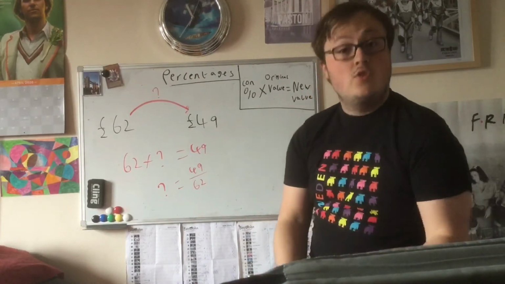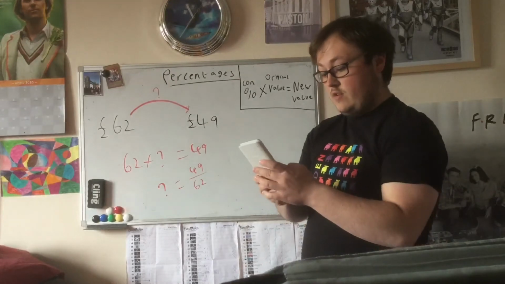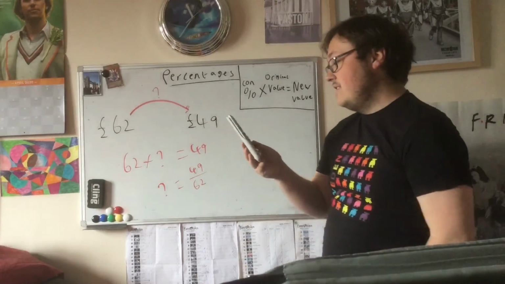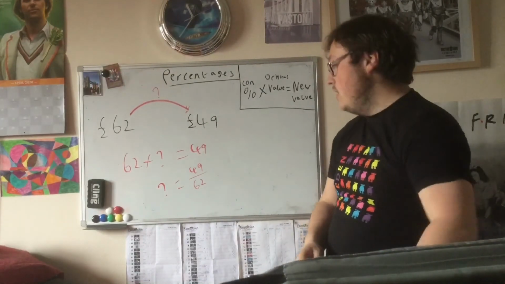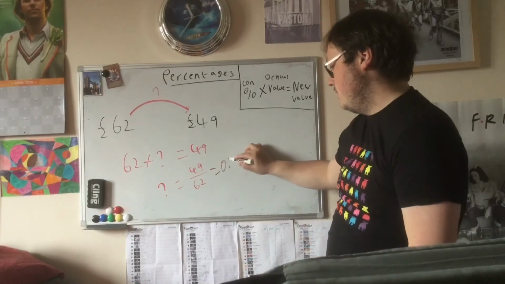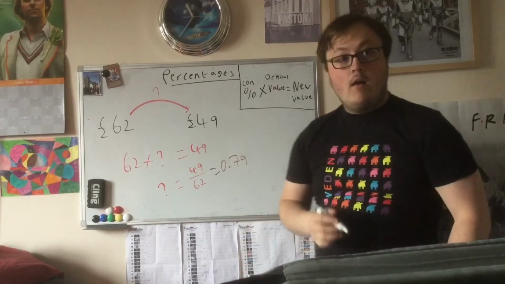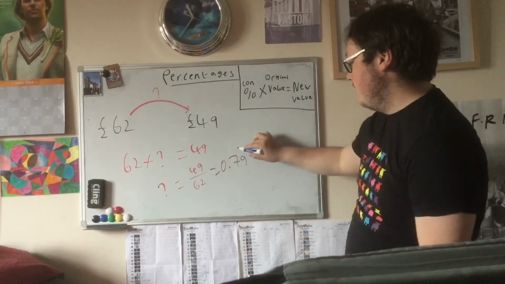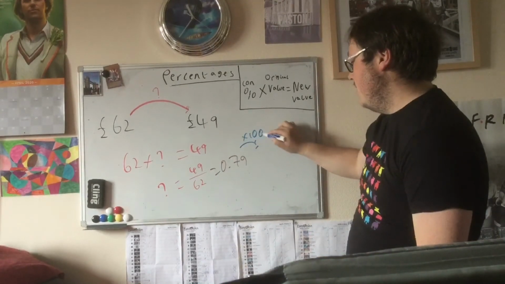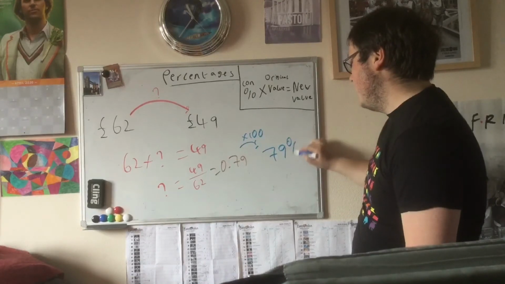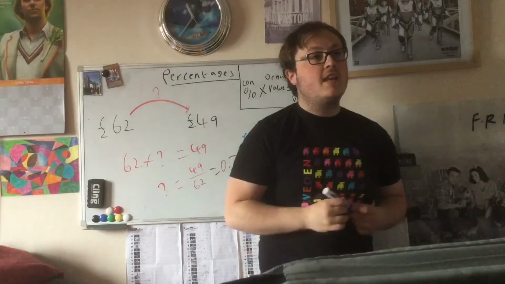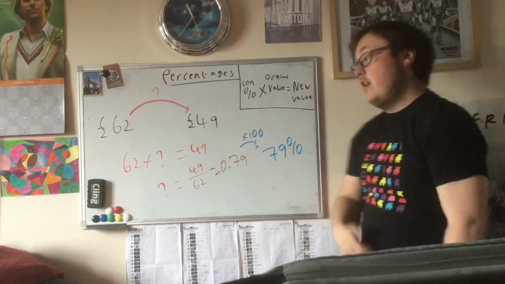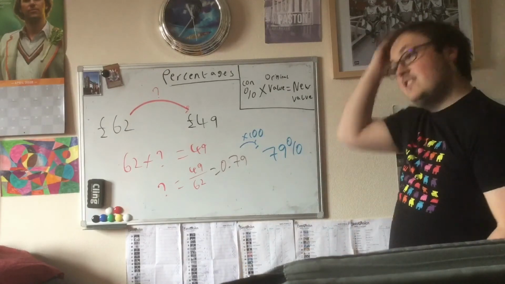We're going to do this to 2 decimal places again, so enter it into your calculator. That will get 0.79. So now we times it by 100 to get 79%. And what I asked you is what percentage of £62 is 49? That's all you have to write, 79%.